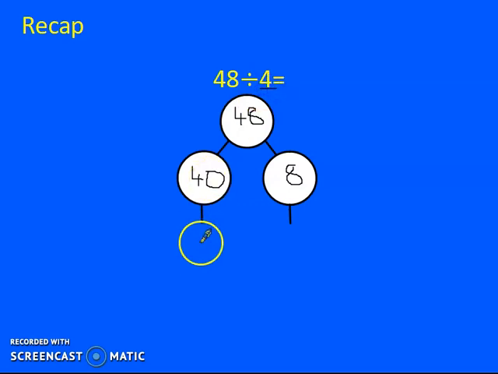So 40 divided by 4 equals 10. 8 divided by 4 equals 2. And what do we do next? We need to add together those numbers. So 10 add 2 equals 12. Well done. So our answer is 12.